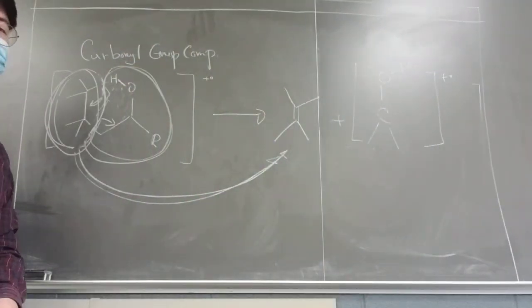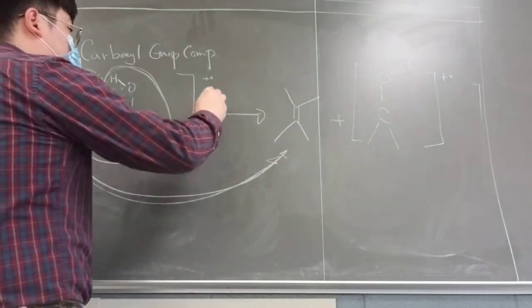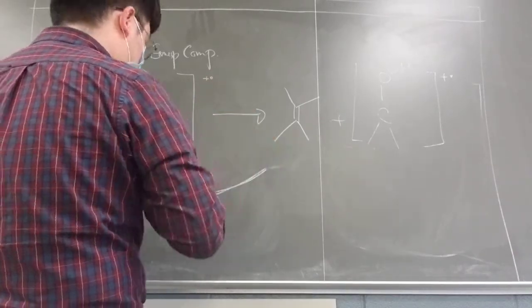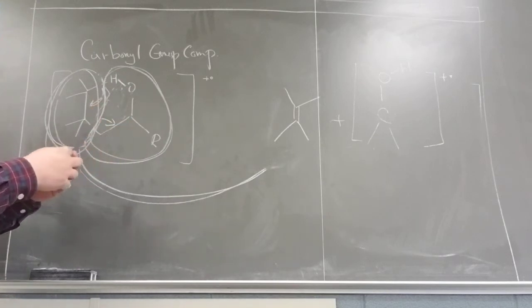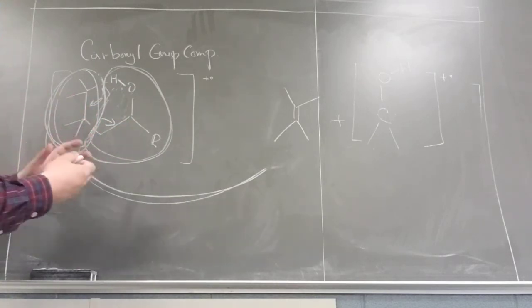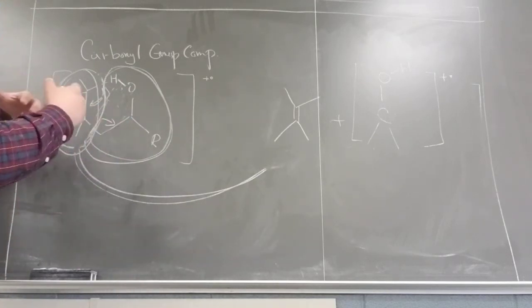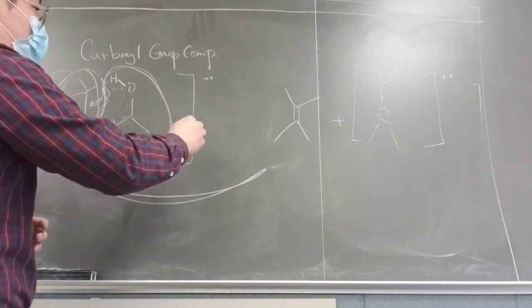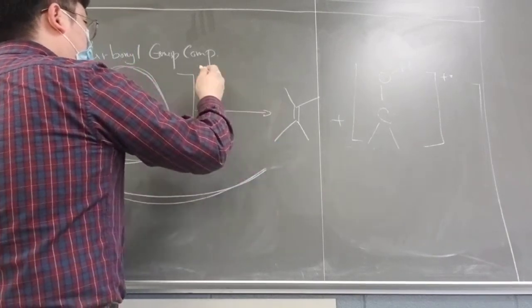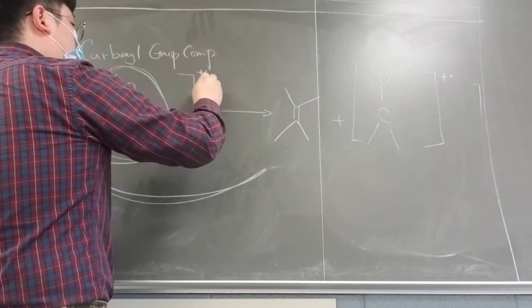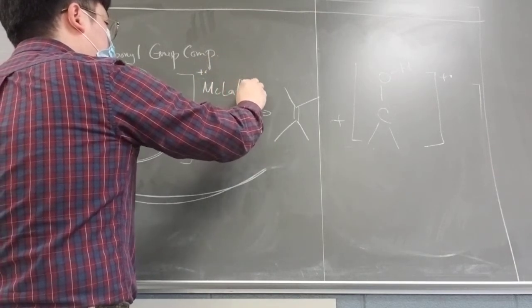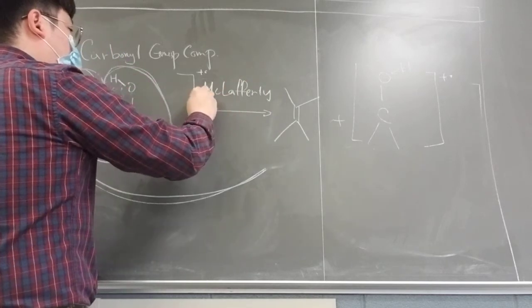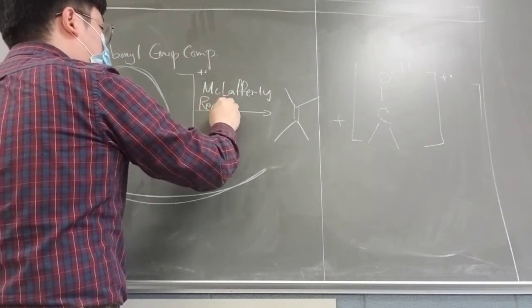This is kind of special because it happens from the sequential motion of the electrons when they have the freedom of rotating the single bonds, and it was found by scientists. So we call this the McLafferty Rearrangement.